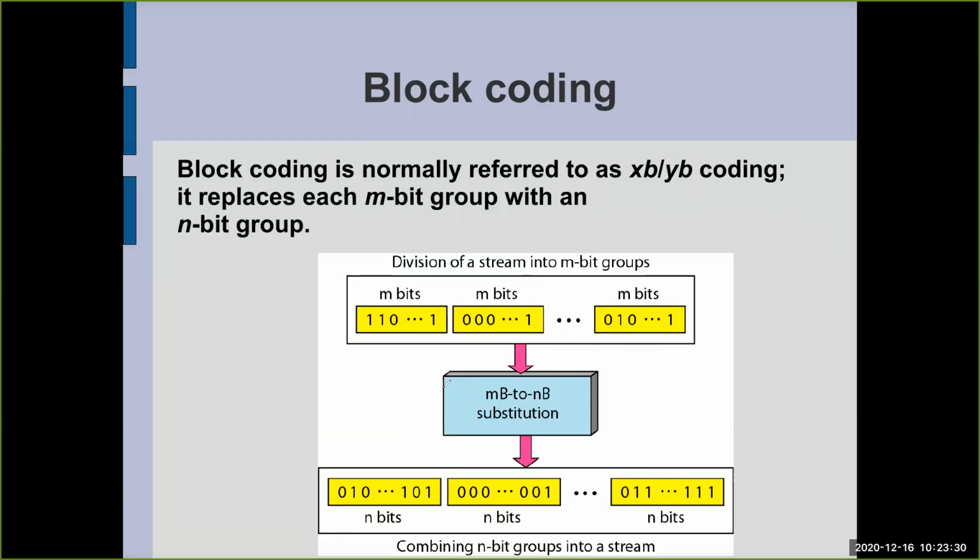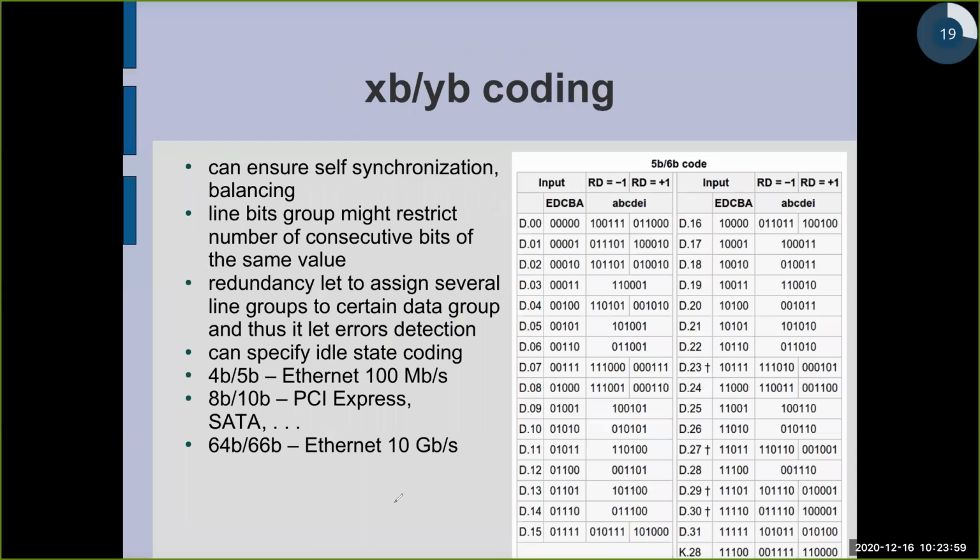The difference between PAM coding and block coding is that usually there are more channel bits than data bits. So we don't have compression. The number of bits in the transmission line is a little bit higher, but it gives us certain benefits.